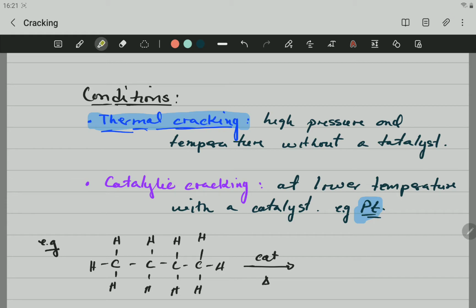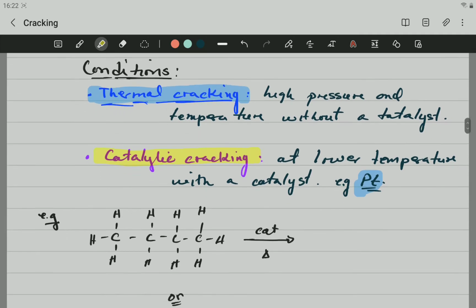Catalytic cracking is done at lower temperature with a catalyst, for example Pt, or platinum. So the conditions: thermal cracking is done at high pressure and temperature without a catalyst, and catalytic cracking is done at lower temperature with a catalyst.